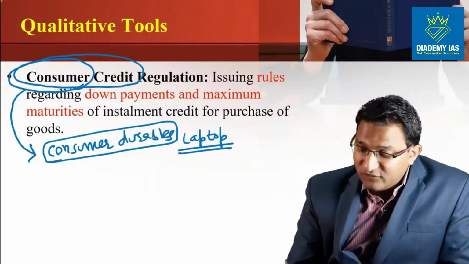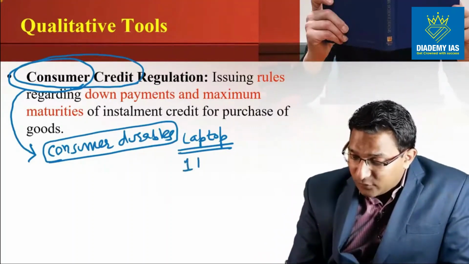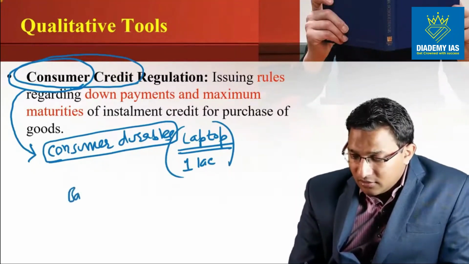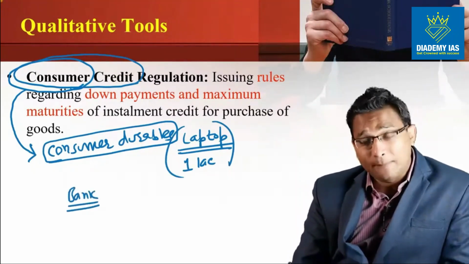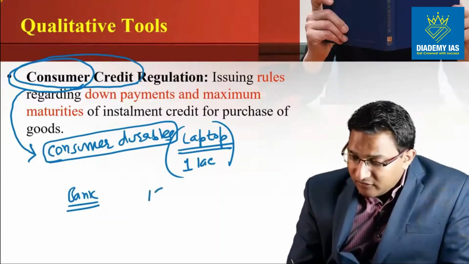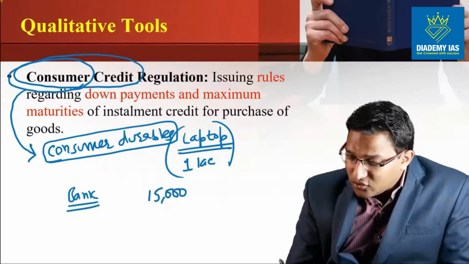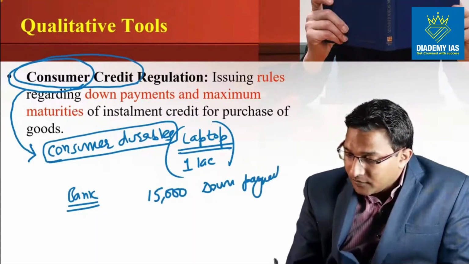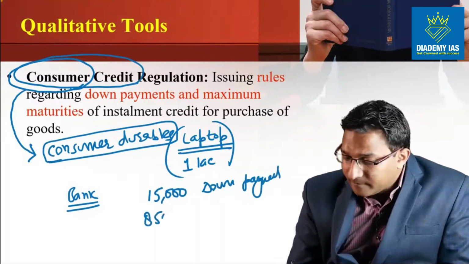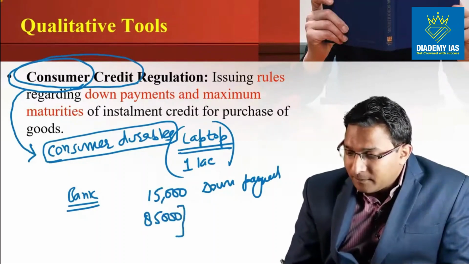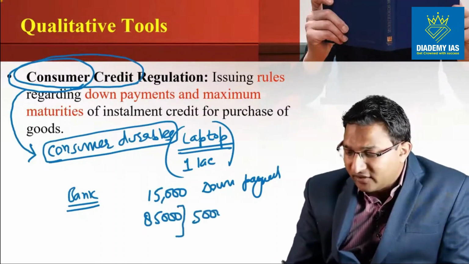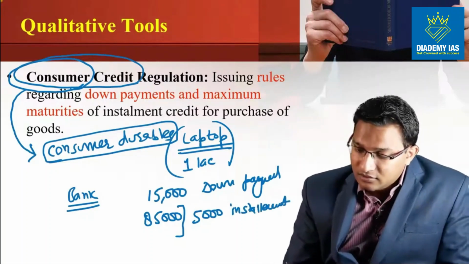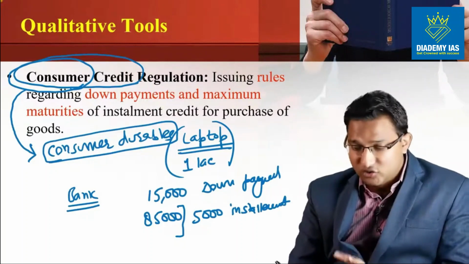So if you want to buy a laptop of, suppose, 1 lakh rupees, you go to the bank and the bank says that you can buy the laptop, but you have to pay 15,000 as the down payment from your pocket, and the rest 85,000 you can pay in installments of 5,000 rupees. So this is one situation.